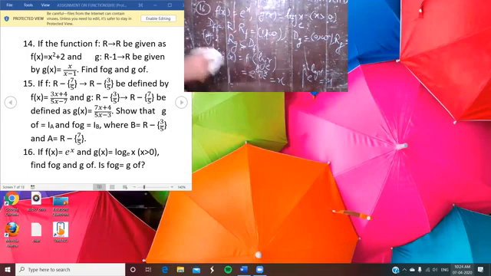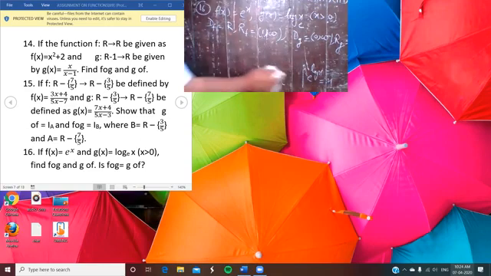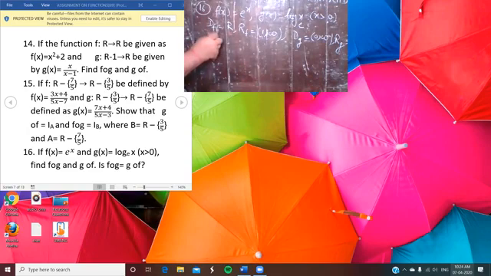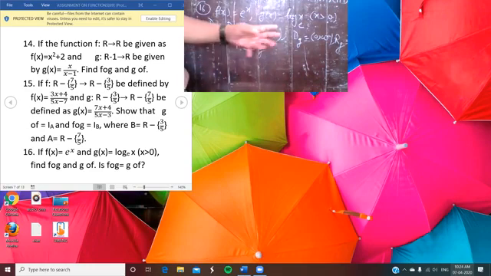In the same way, you come to gof. If you are talking about gof, in that case the range of f is a subset of the domain of g. Check it: the range of f is 1 to infinity and the domain of g is 0 to infinity. So that is a subset.